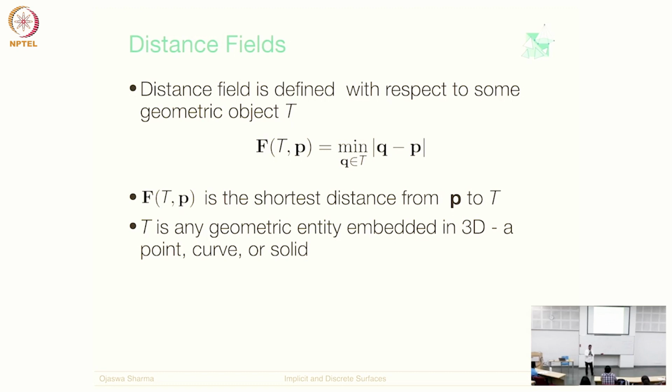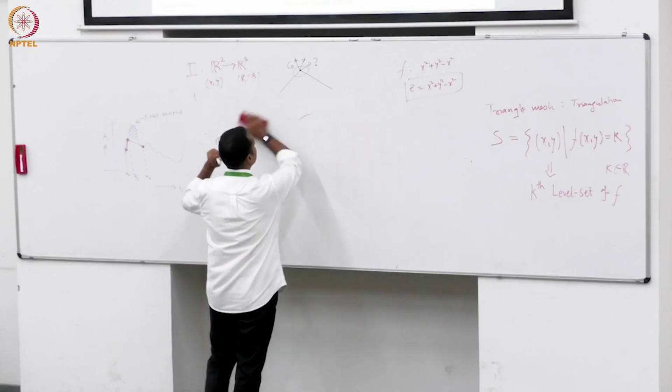Everything is the same, it's just a special type of implicit, and it's called a distance field for a good reason, because the value that it stores is a distance from somewhere. Let me give you an intuition as to what it is doing, and then I think all of this will follow. So don't read any equations yet.